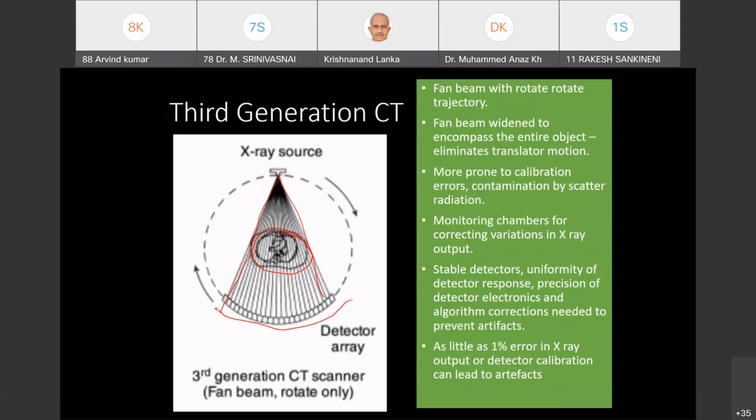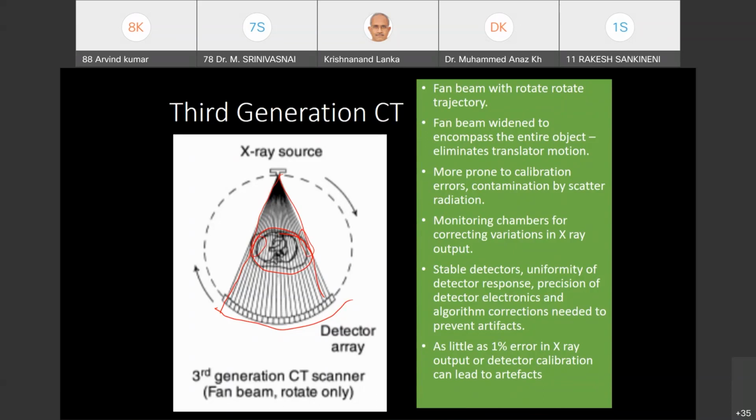Then as little as 1% error in X-ray output or detector calibration can lead to artifacts. See, this is the nuisance, like if those rays are just tangential to some object, it can lead to some kind of artifacts. Artifacts means images which don't make any sense.